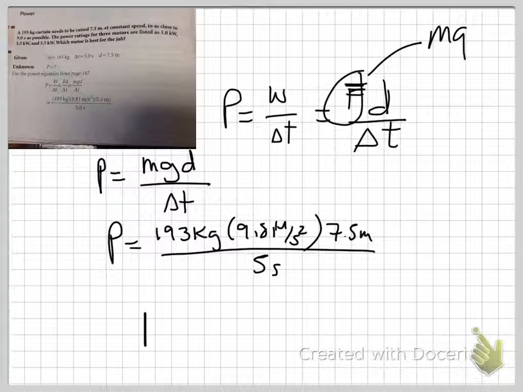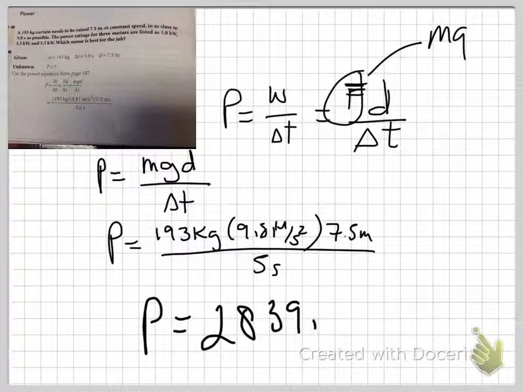So what do you get for a raw answer for power? You would like 2,839.995 watts of power. How many kilowatts is that? 2.8. So, of your options, what's the best motor to use? Well, you have a 2.8 requirement, but you have a 1, a 3.5, and a 5.5. Yeah, the 3.5.